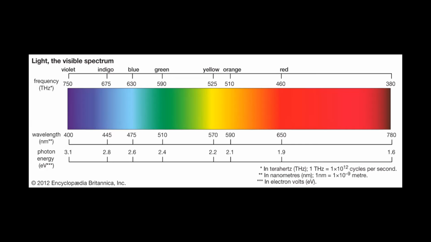So we can see many shades of red, and there's a lot of it. The next one is violet, which is 750 to 675 terahertz, a range of 75 terahertz, the second most dominant color.